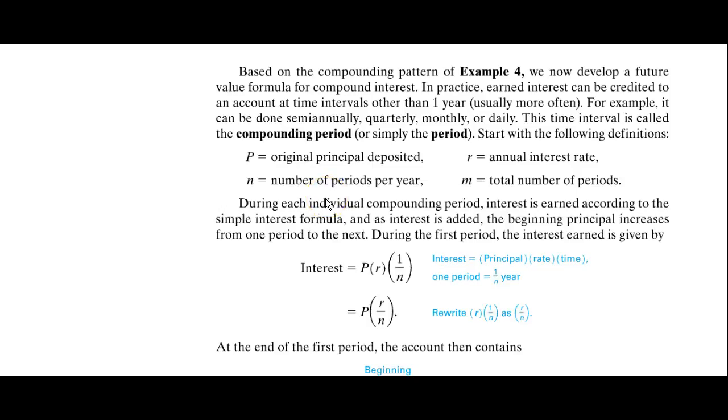And again, the more times we compound, up to a certain amount, the interest that we earn is a little bit higher than just doing it once a year, because now it's 12 times a year if it's monthly, and you get a little bit more money each time. And there is a formula for that.